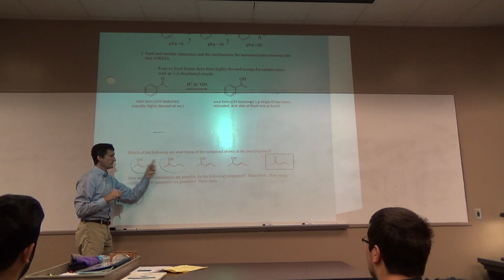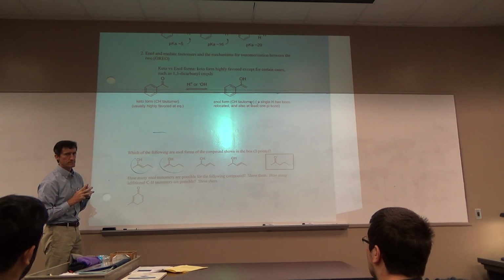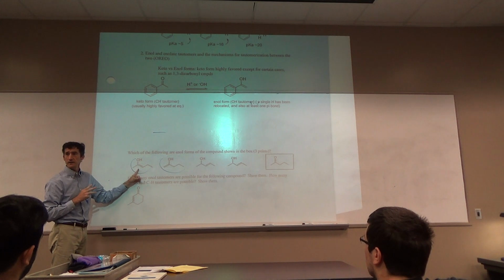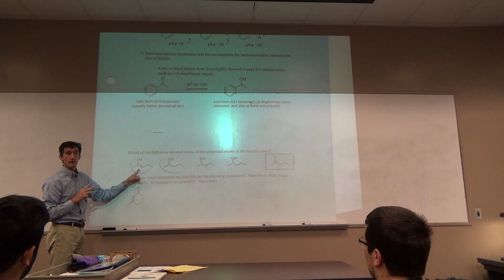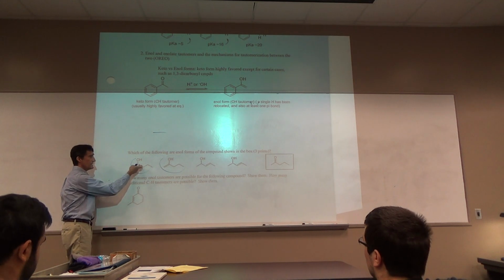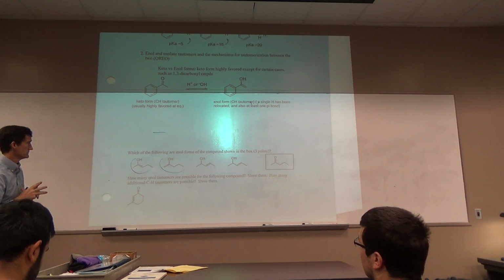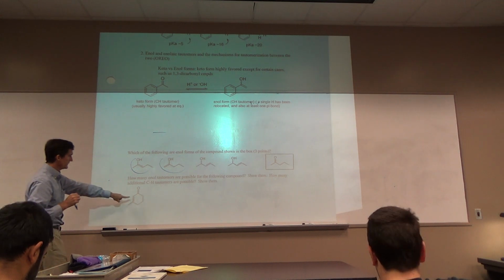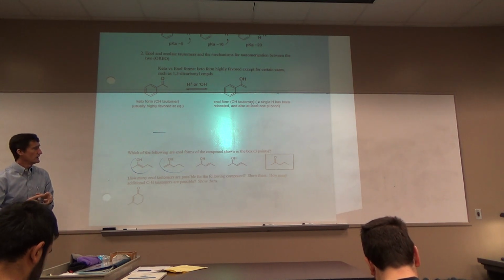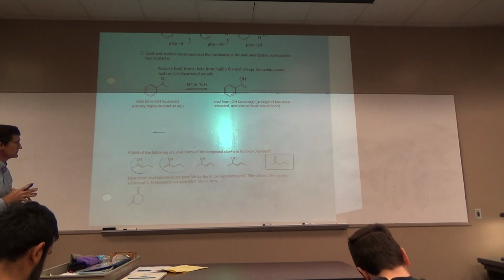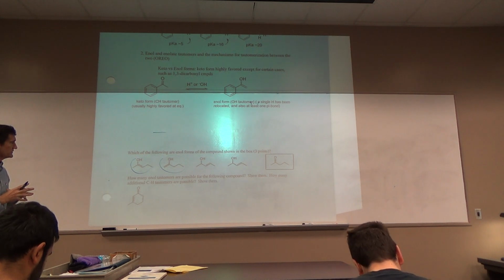Which one is the more thermodynamically stable enol? First one. More substituted. It's the alkene rules. It's more substituted alkene. How many enol tautomers are possible for this compound? Show them. How many additional CH tautomers?